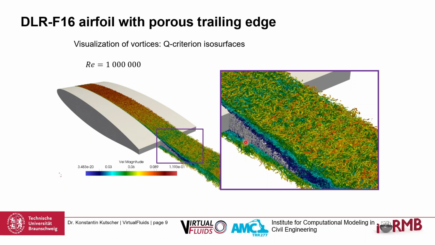And it was also important to resolve the pores in the porous media, because we want to see what happens in the porous media in this case. It was a very challenging simulation, a multi-scale simulation.